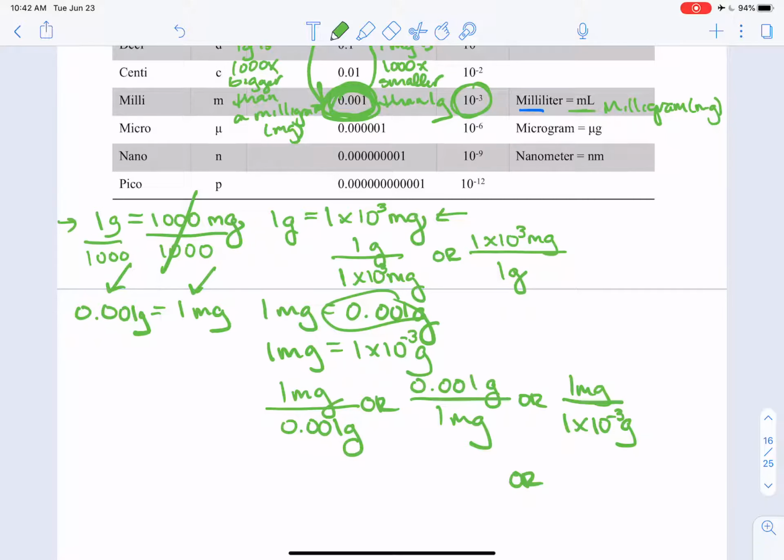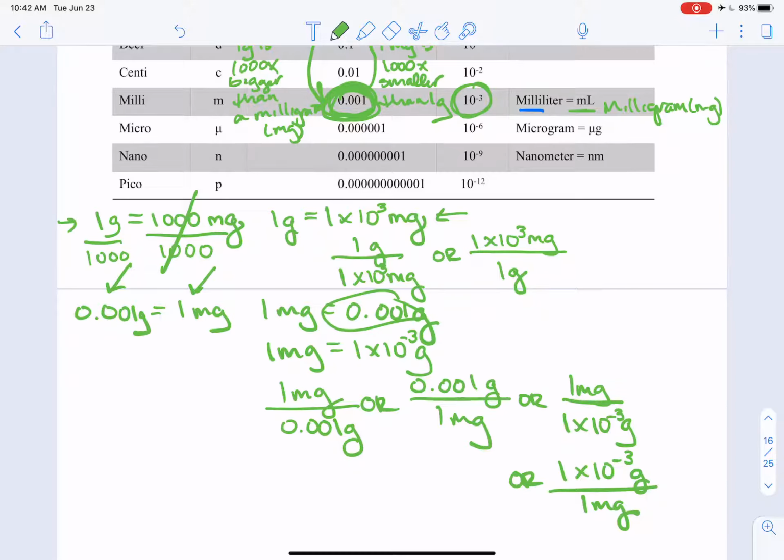Or what else, you guys? Flip it upside down and say if you've got 1 times 10 to the negative third gram, that's a milligram, okay? So all the different versions of what you will see here.